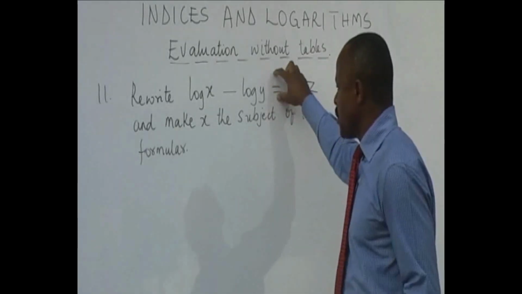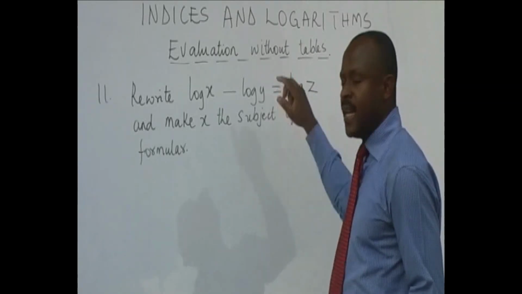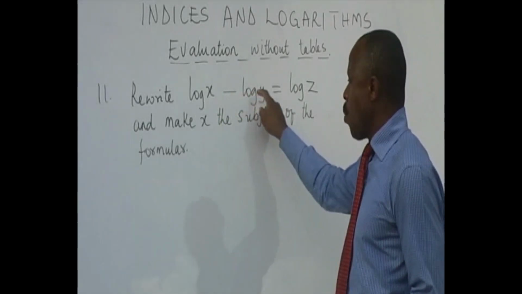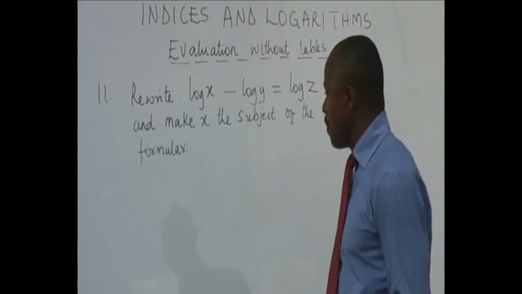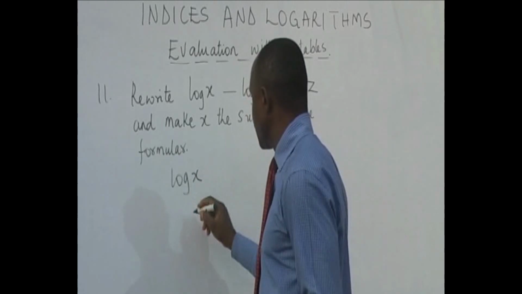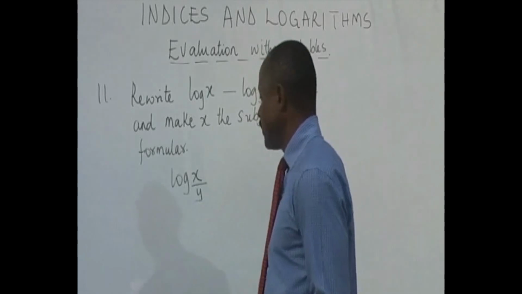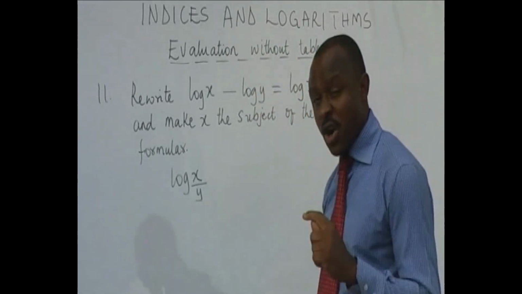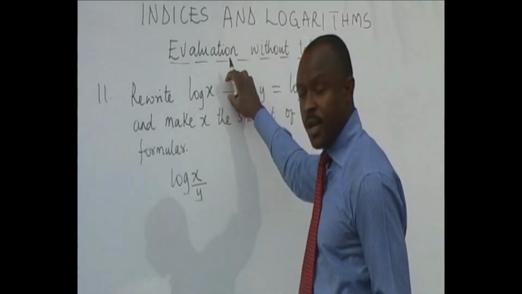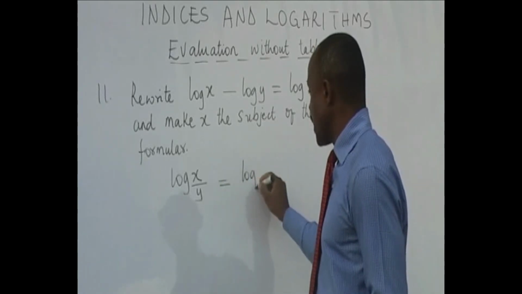If you look at this expression, you discover that if you apply the second law of logarithms, log x minus log y will become log x all over y. Second law of logarithms. Then it's equal to log z.